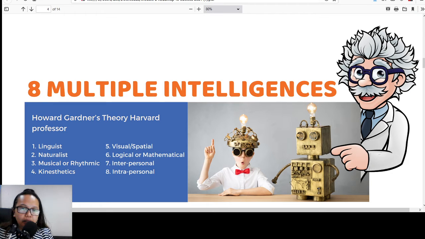And finally, we have the intrapersonal. So for the intrapersonal intelligence, these individuals are good and aware of their own emotional states, feelings, and motivations. They tend to enjoy self reflection and analysis, including daydreaming, exploring relationships with others, and assessing their personal strengths.